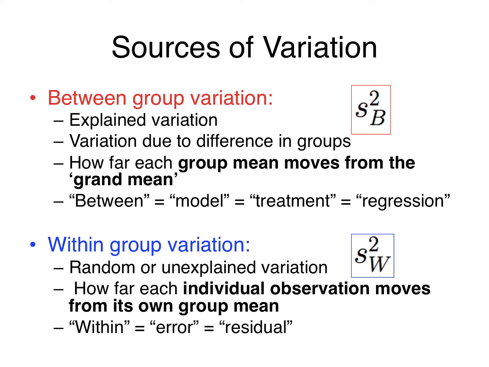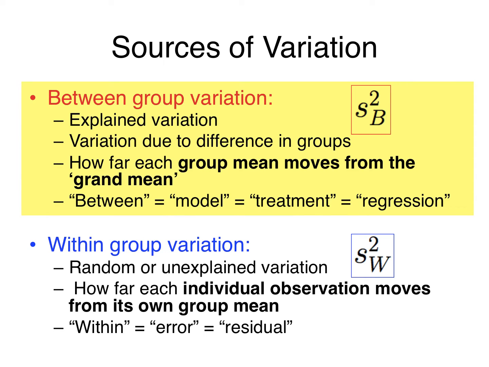There are two sources of variation used in one-way ANOVA calculations: between group variation and within group variation. So first let's talk about between group variation. This is the variation that is due to differences in groups. This is what's known as the explained variation.